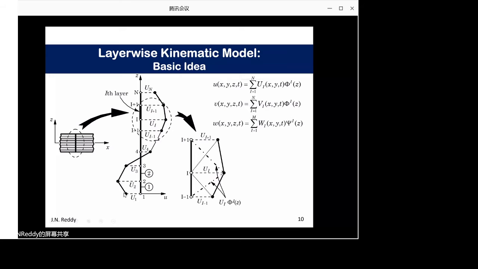That is what I'm showing here. A typical interface will have three displacements, much like in 3D elasticity. But the finite elements that we are going to have here will be, instead of an arbitrary three-dimensional solid, one thick solid element with the nodes having three displacements at each node.